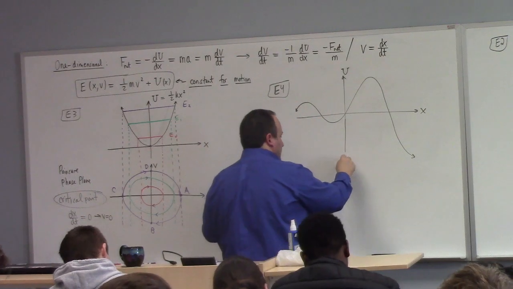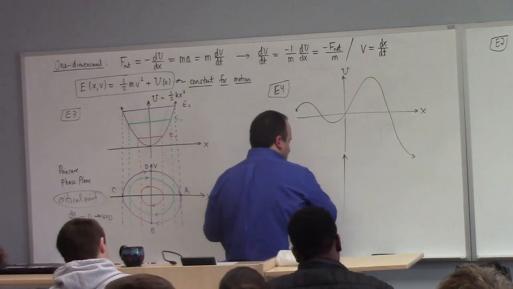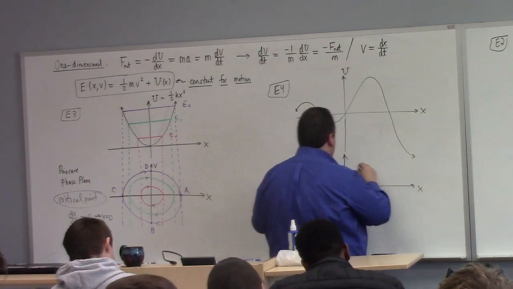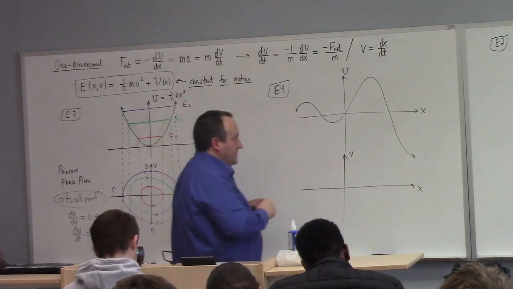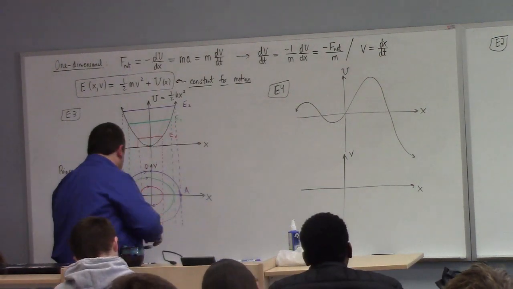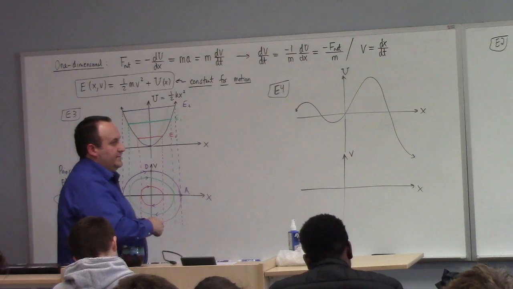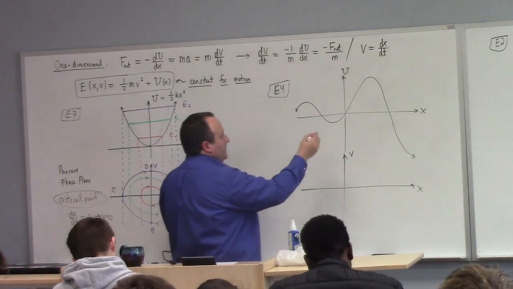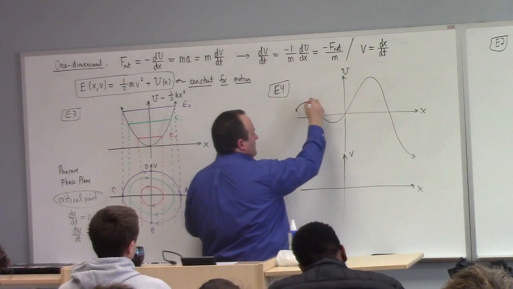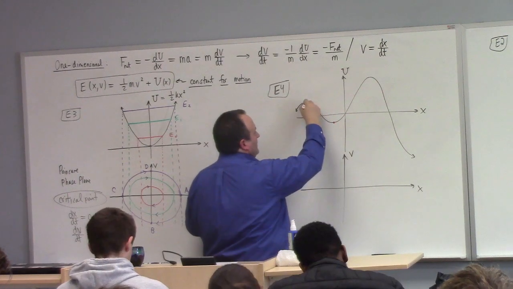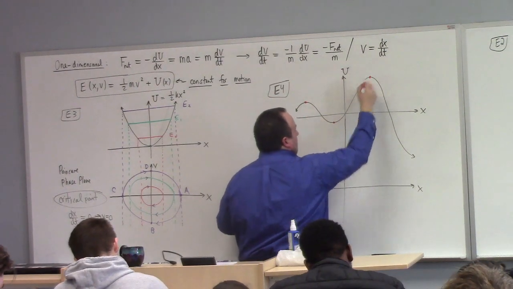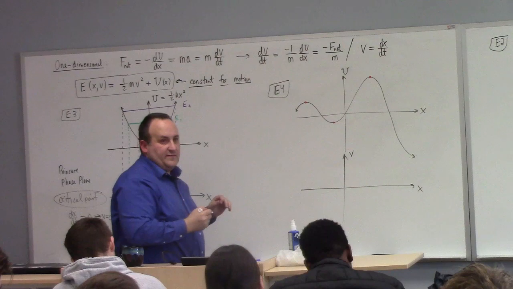And then what I want to do is to maybe draw the corresponding phase diagram down here. So, all right. There are 1, 2, 3 critical points in the potential energy graph.